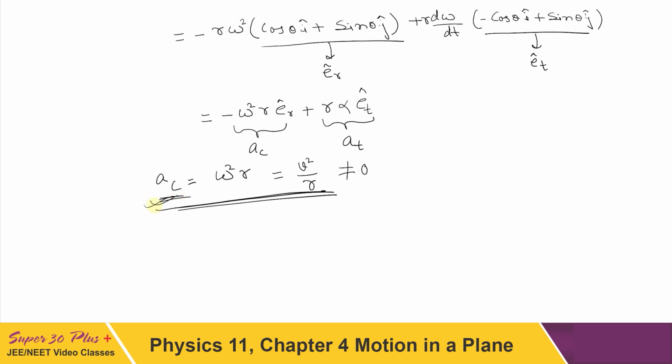Because direction necessarily has to change if it is a curvilinear motion, centripetal acceleration has to be there. So what does it do? It changes the direction of velocity. This is responsible for change in direction of velocity, and it cannot be 0 if it is a curvilinear motion.